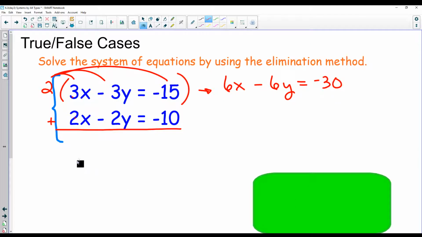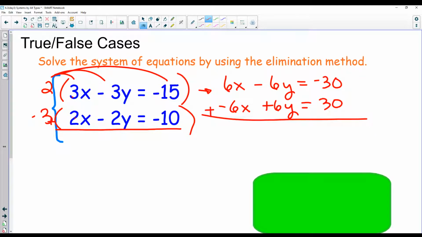Okay, the bottom equation, I'm going to multiply everything by a negative 3. So this would be a negative 6x, which is exactly what we wanted, so that the x's cancel. And then we'd have a plus 6y, and then a positive 30.